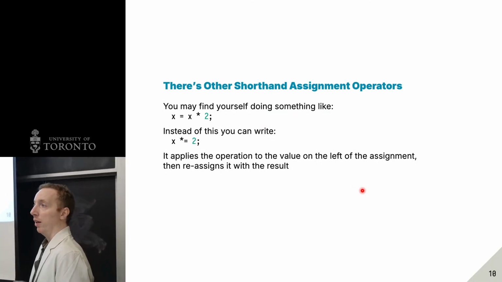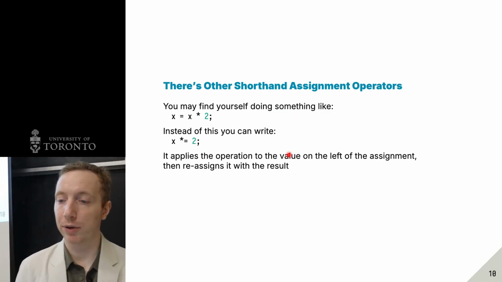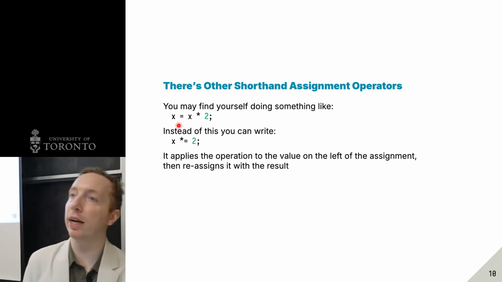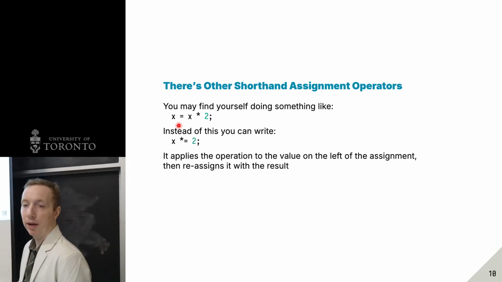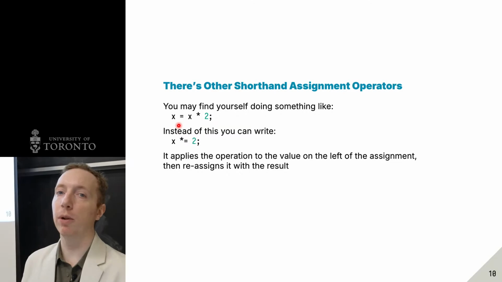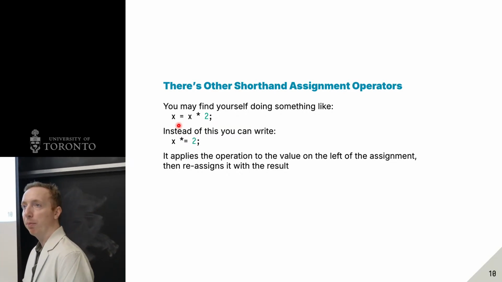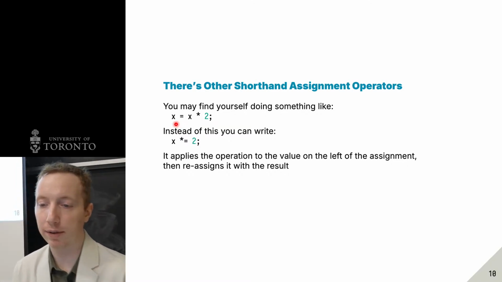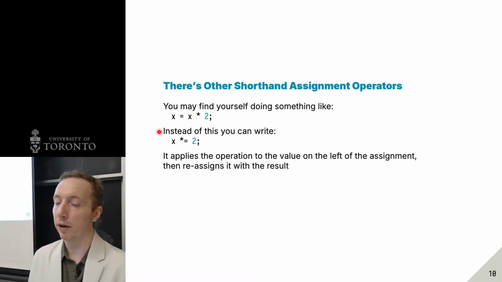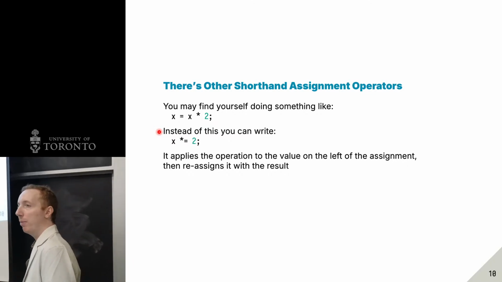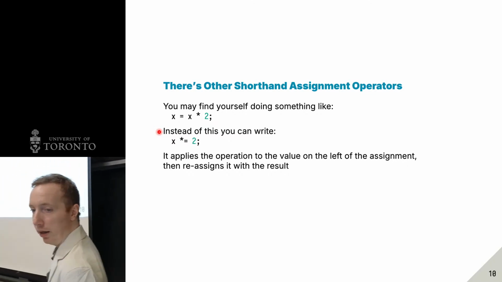So there's also a shorthand. You might find yourself doing something like x equals x times 2, where I just want to double a number. I'm just updating the current value, multiplying it by 2, and reassigning it to that same variable name. Instead of this, C programmers are lazy, and we have a shorthand for this.